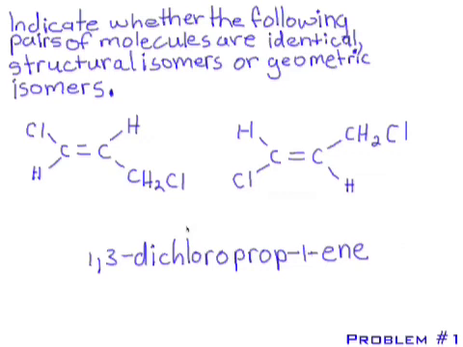To have geometric isomerism, we must look at the carbons of the double bond. We split the molecule and examine one side first. This carbon, the groups off of it, are they different? Yes. How about the other carbon of the double bond? Does it have different groups? Yes. So what this indicates to us is the potential of having geometric isomers.